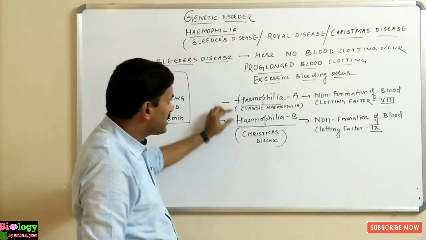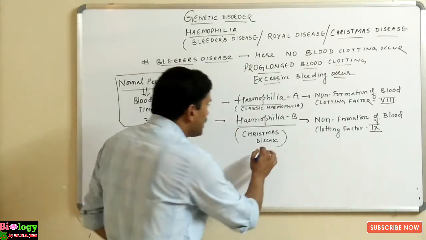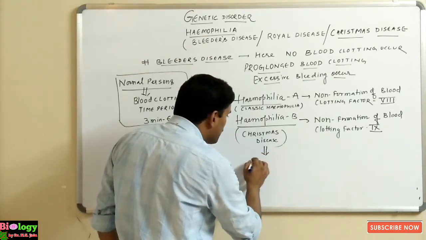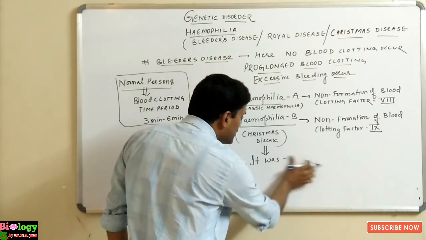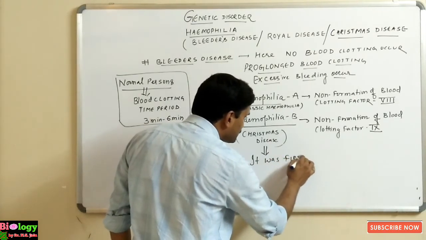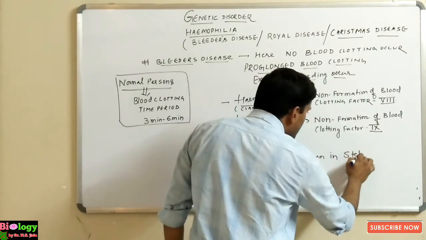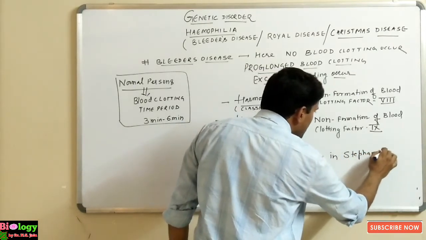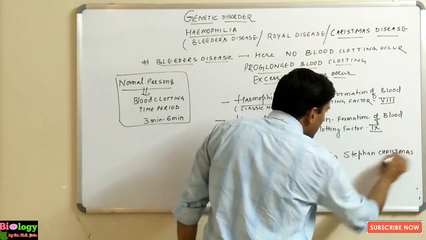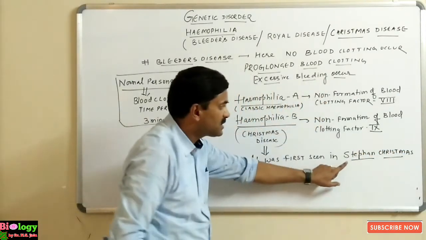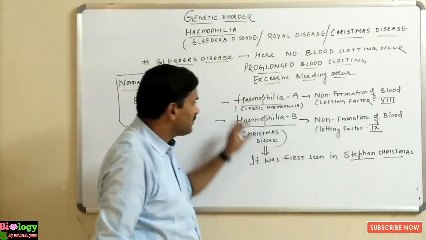Now the question arises, why is hemophilia B called the Christmas disease? It is called Christmas disease because it was first seen in Stephen Christmas. This is the name of the person in whom the disease was first of all seen.